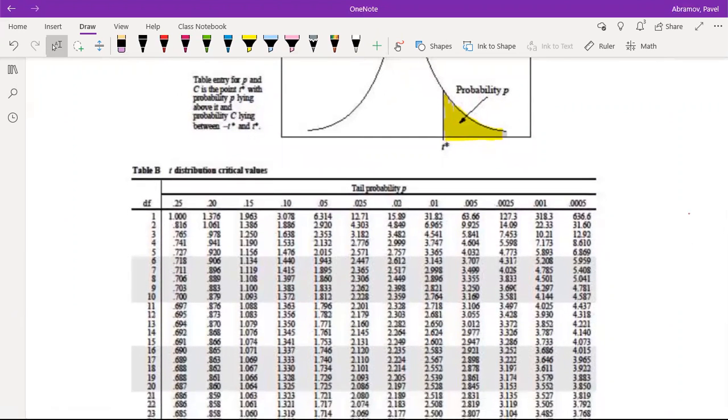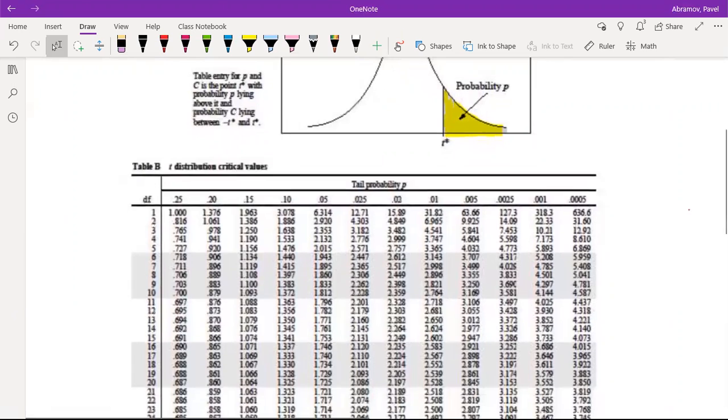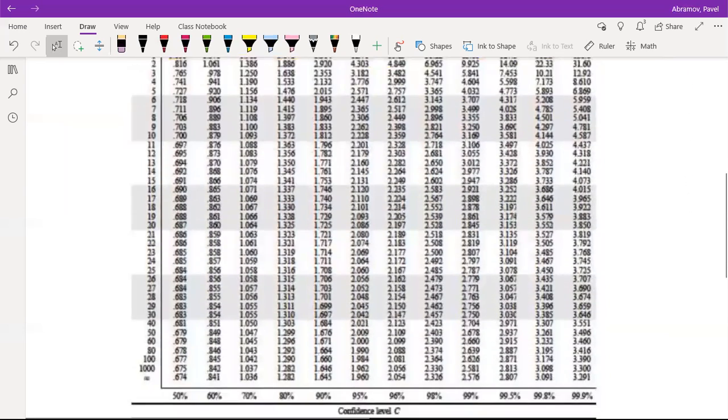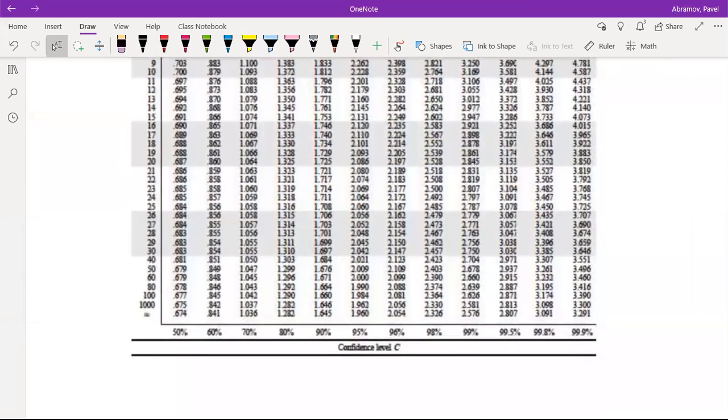Now notice that the probabilities are not written on the inside of this table. The probabilities are actually these top numbers right here. And also notice, it will be helpful in the future, that at the bottom of the table, we have this percent. These are the confidence intervals that go along with those probabilities.